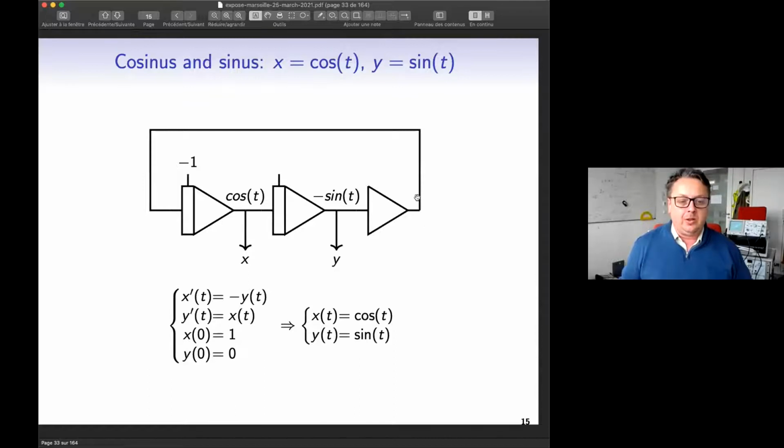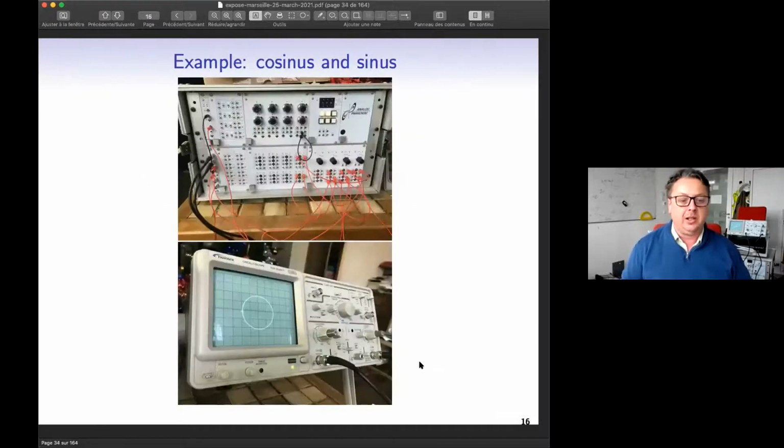I'm using an adder with only 1 input, so it's doing a minus, and another integration. If you read that way, you are taking integrals. If you read the other way, you say that the derivative of the derivative multiplied by -1 is itself. And if you set the initial condition to 1 and 0, you will get cosinus and sinus outputted.